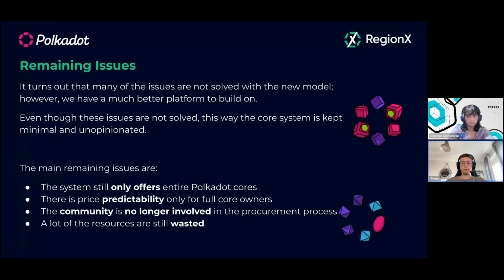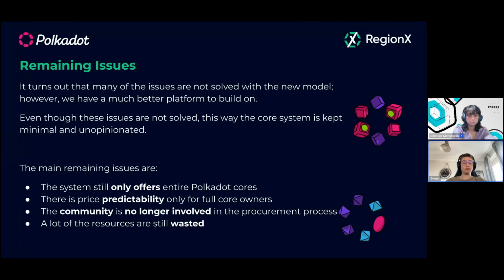No matter how much core time the project needs, its only option is to get an entire core. The price predictability is available, but only for projects that own an entire core. So if this core time region is subdivided, there is no longer the option to renew it.